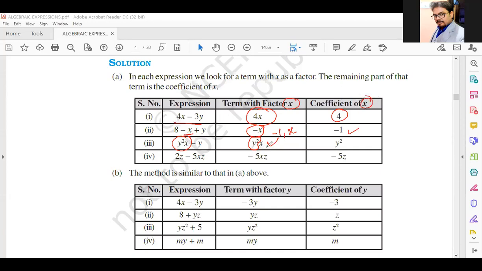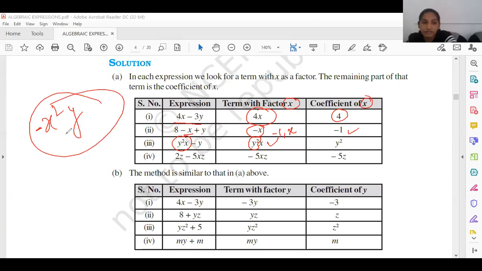So what is the coefficient of any variable? The other part except that variable will be the whole coefficient. Suppose x square y, and I am trying to find the coefficient of y. Will anyone please tell me the coefficient of y over here?